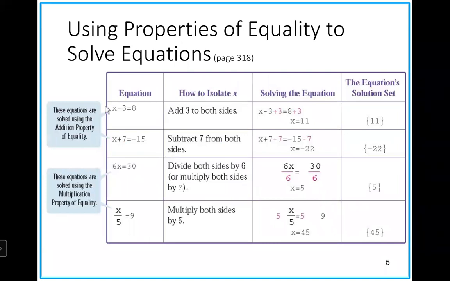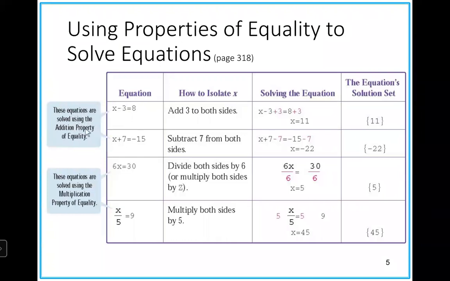You have this simple equation here: x minus 3 is equal to 8. If you remember, when we solve equations, sometimes we use what is called the opposite operation. So this is saying subtract 3, so you're going to have to add 3. But if you add 3 to this side to cancel out the 3, you have to add 3 to the other side.